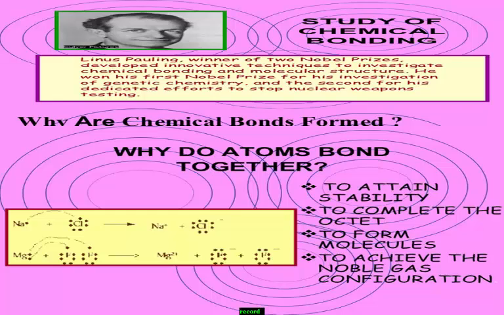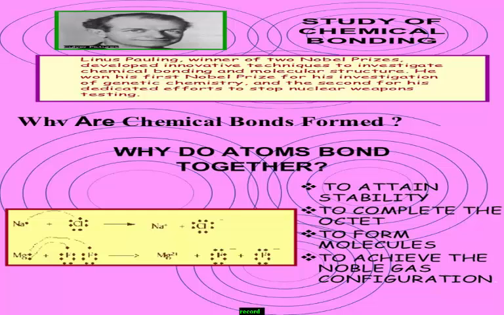Why do atoms bond together? Why are the atoms bound together? Atoms bond together to attain stability. To attain stability the atoms are bound together, and to complete the octet configuration, because in the octet configuration they become more stable.